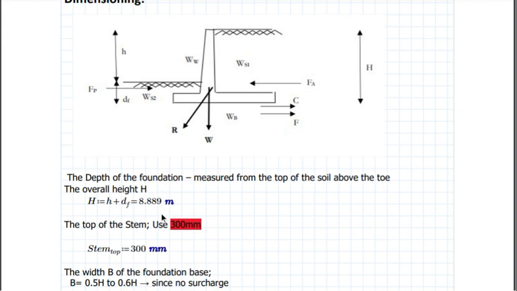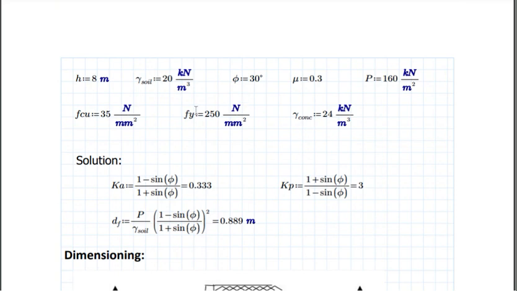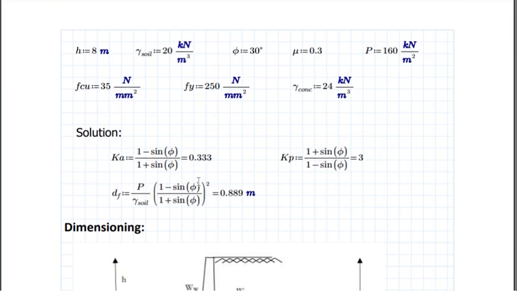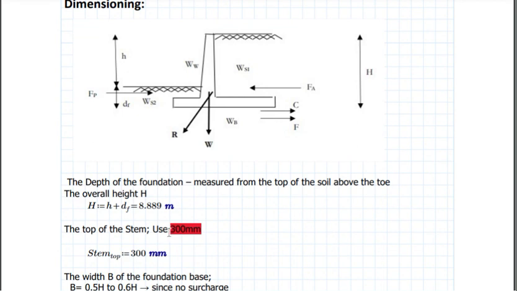8.889. So here we can assume, since this does not have anything to do with pressure, because of our steel yield strength, we are using, what was it here? We are using a mild steel to design. So let's consider a depth of 300 mm for the stem at the top.